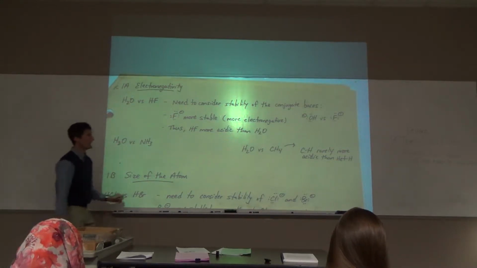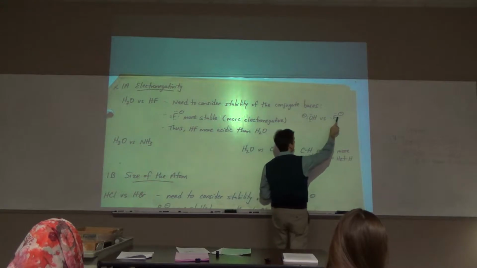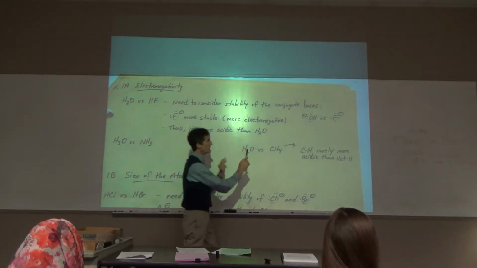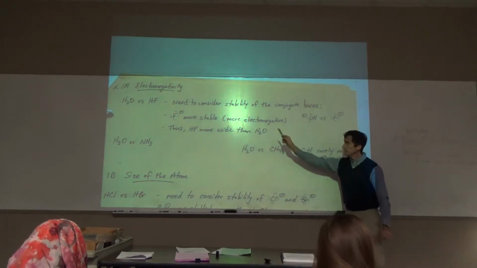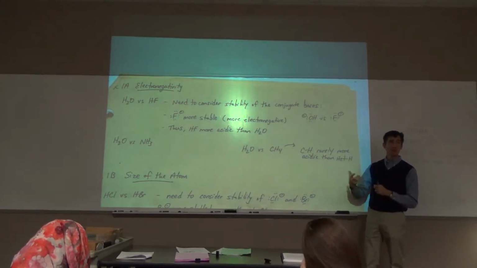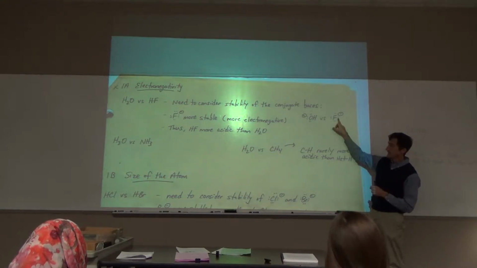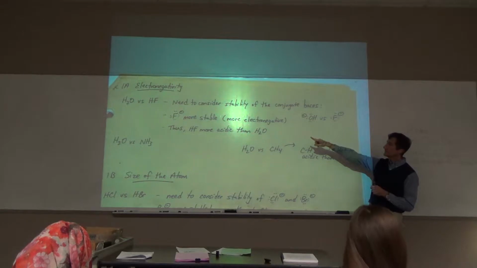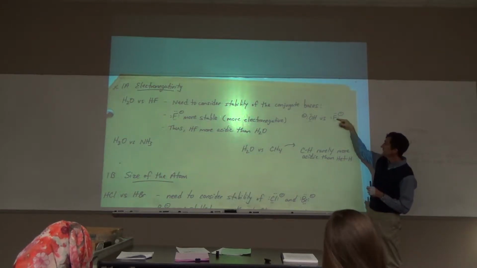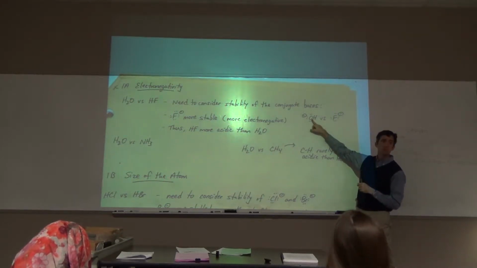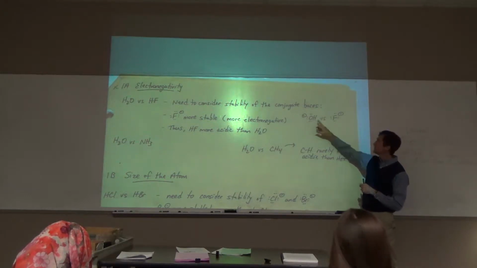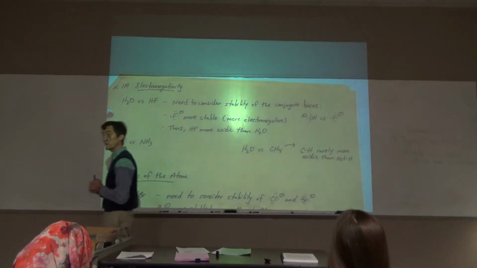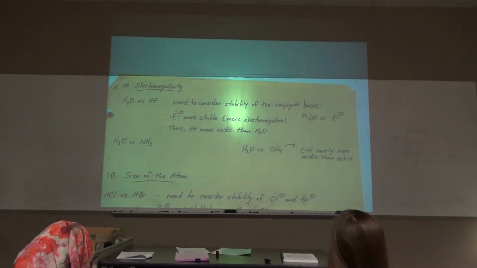It's more stable being minus. That's what electronegativity means. Thus, HF is more willing to give up the proton and become the anion compared to water, because when HF gives up the proton, it forms a nicely stable anion compared to what water would become. It's thus more acidic. More willing to give up proton equals more acidic.